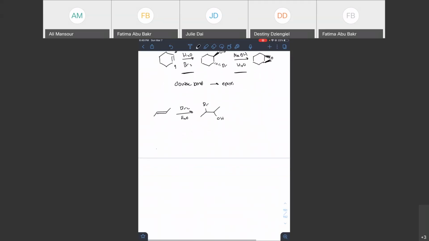The difference was that if you have a double bond and you react it with Br2 and nothing on the bottom, then you're just adding two Brs, right? So that's kind of the thing. Anyways, if there's an H2O, then you add an OH and a Br. After this, we just have to use the same thing, NaOH and H2O, and that gives us the epoxidation. So that'll just look like this.